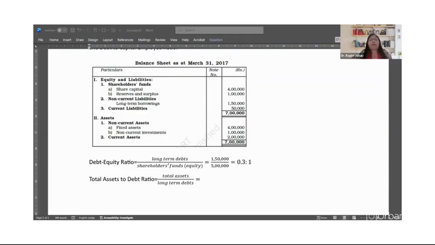That is 4 lakh fixed asset, 1 lakh non-current investment, which makes it 5 lakhs, and 2 lakh is the current assets. Total value of asset is 7 lakh divided by long-term debt. Long-term debt we have just taken, that is 1,50,000. Let us use these numbers to calculate the ratio. And how much ratio do we get here? This is 4.67 is to 1.